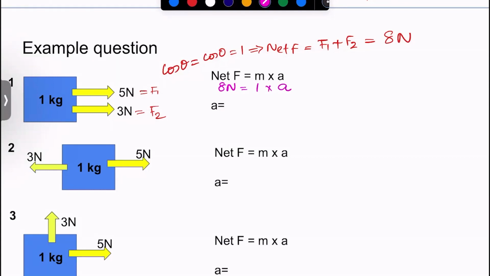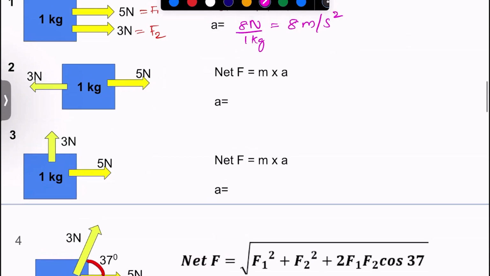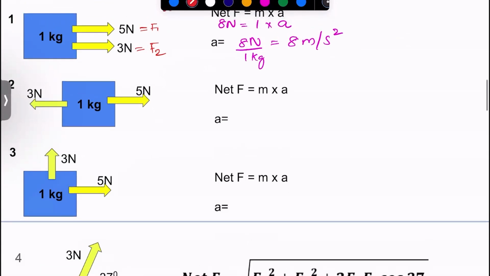So you have to find the acceleration of the object. So how to find the acceleration? 8 Newton by 1 kg, which is equal to 8 meter per second square. Now you have the second scenario where F1 and F2 are acting opposite. Opposite direction means cos theta will become cos 180, because 180 degrees is the angle between both of them.